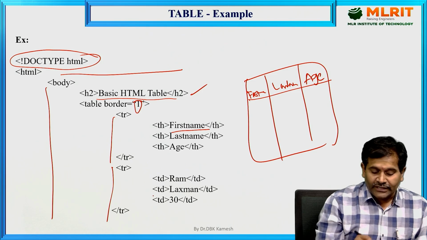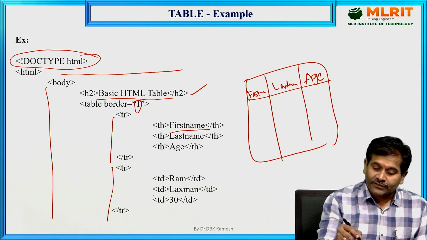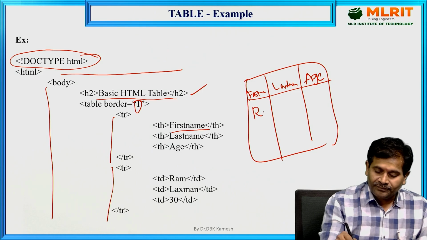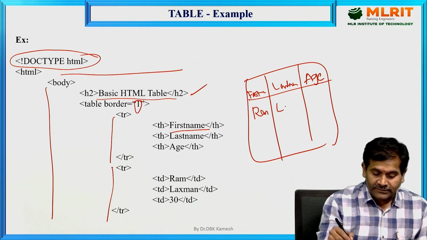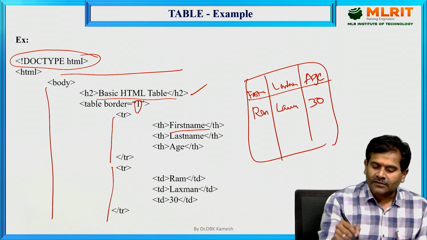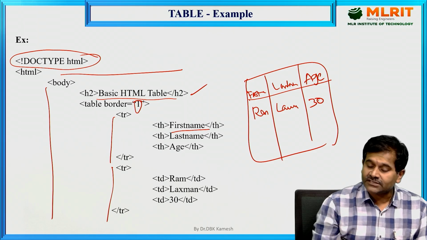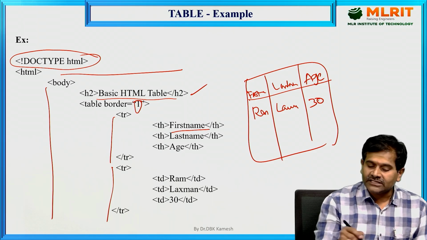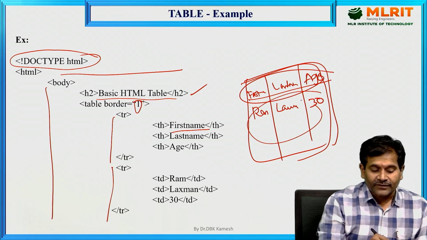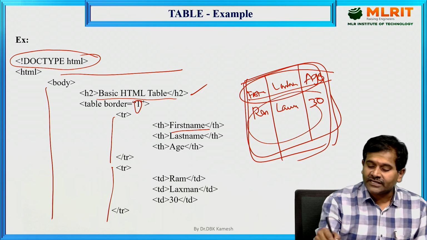Then the other row is data only: Ram, Lakshman and 30. So the first name is Ram, the last name is Lakshman, and the age is 30. This is the table and this is the header, and border is set to 1.